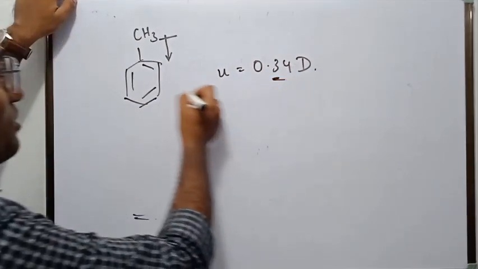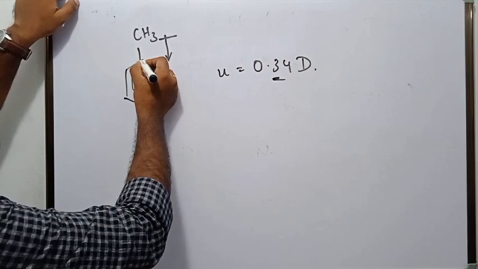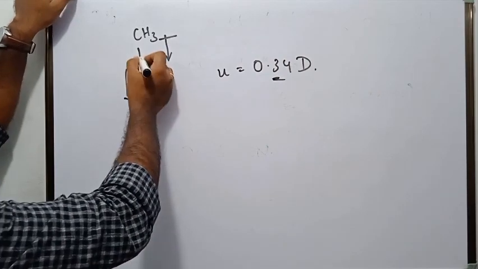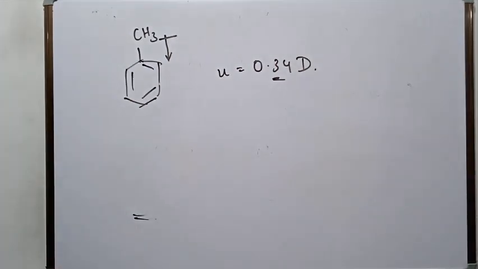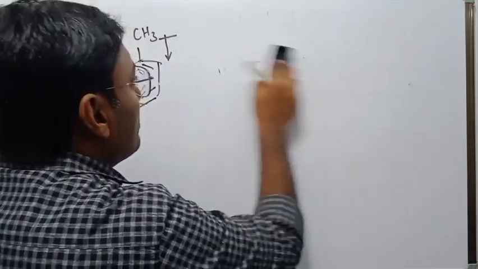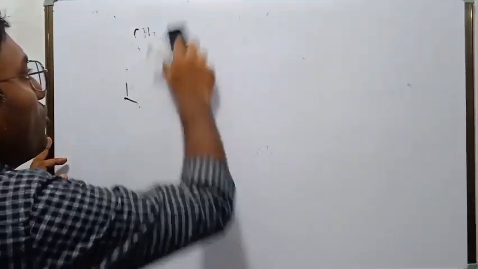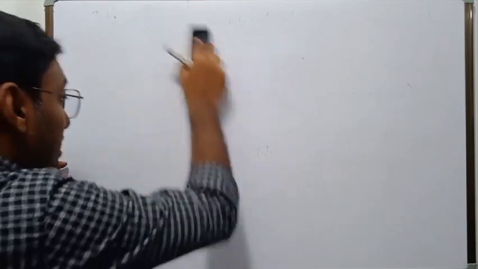Because this carbon atom is sp2 hybridized. So that is why there is a polarity of 0.34 D. So these are the four conditions of your polarity.